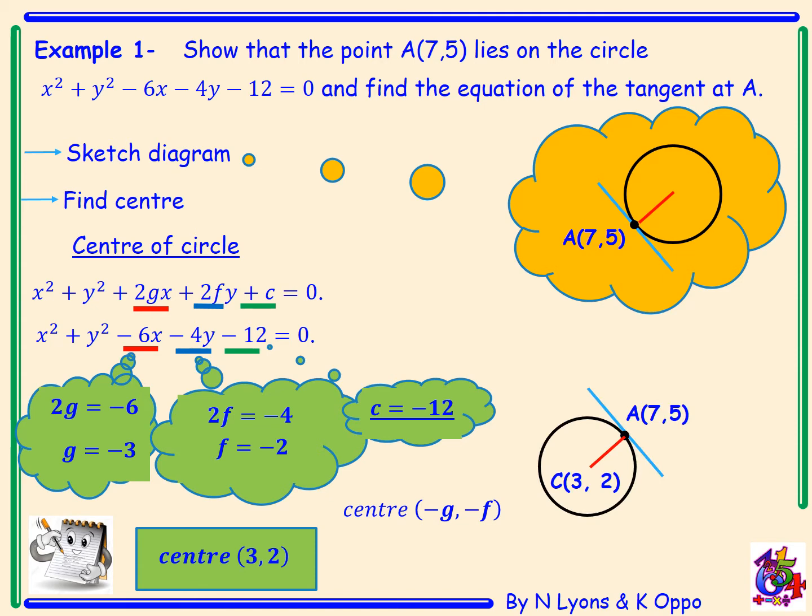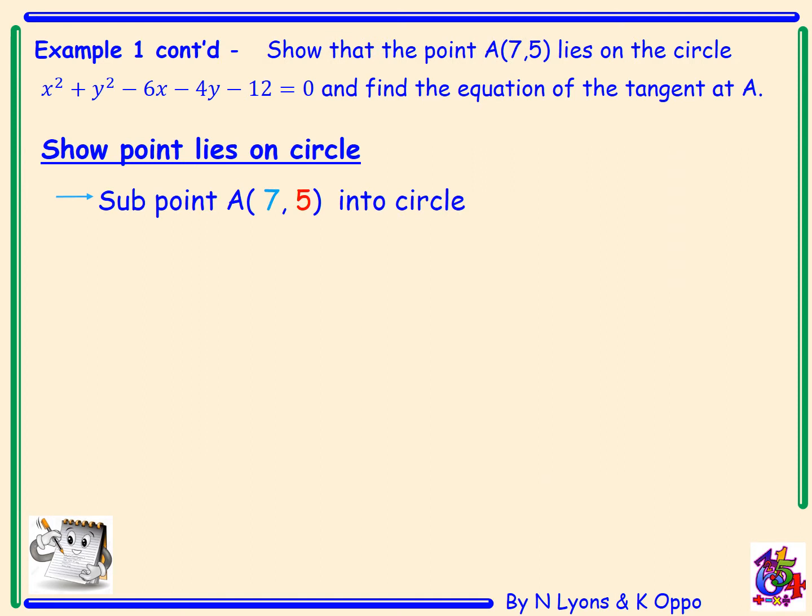We can add this into our picture so that we have a centre of (3, 2) and a point of contact at (7, 5). So the next step is to show that A (7, 5) lies on the circumference of the circle. So we're going to sub the point A (7, 5) into the circle.